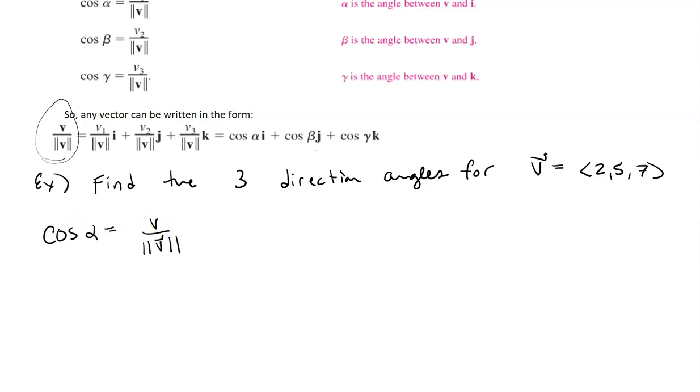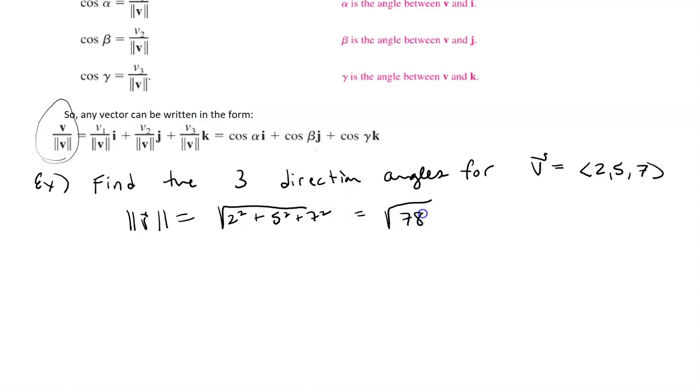Well, we kind of need the magnitude of v first, so let's find that. The magnitude of v in this case would be the square root of 2 squared plus 5 squared plus 7 squared, which is the square root of 78, and that does not reduce.